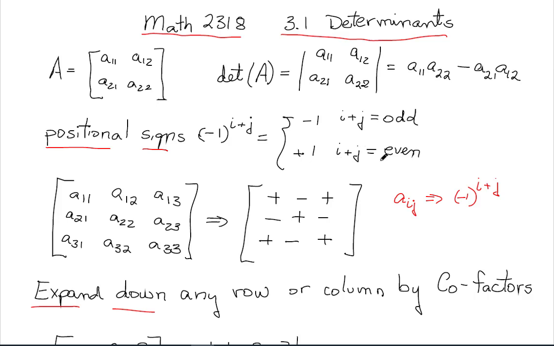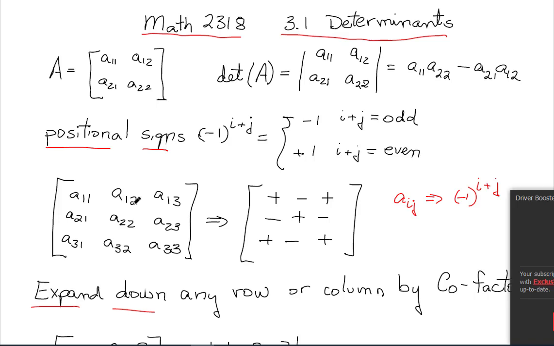So in the 3 by 3 case, I've got a 1, 1, and so that's a plus because the sum of these two is 2, minus 1 squared is plus 1.